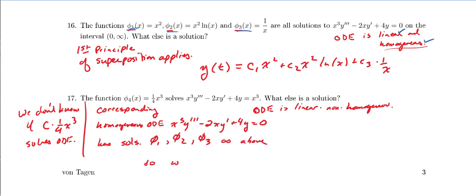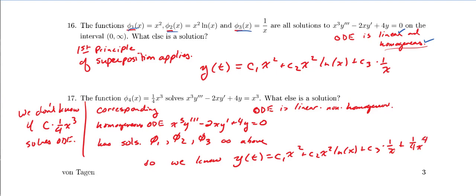So we know this function right here, y sub t equals c1 x squared plus c2 x squared natural log of x plus c3 times 1 over x, plus this one particular solution, 1/4 x to the fourth, solves x cubed y triple prime minus 2xy prime plus 4y equals x cubed.